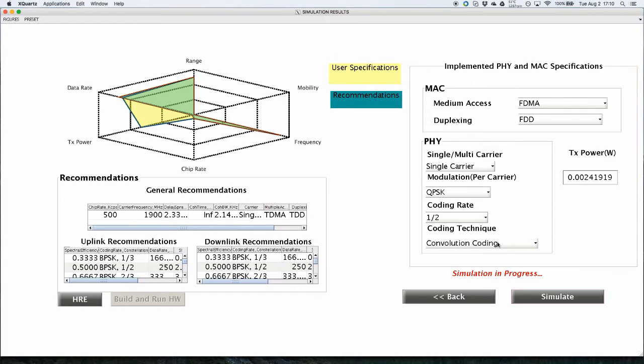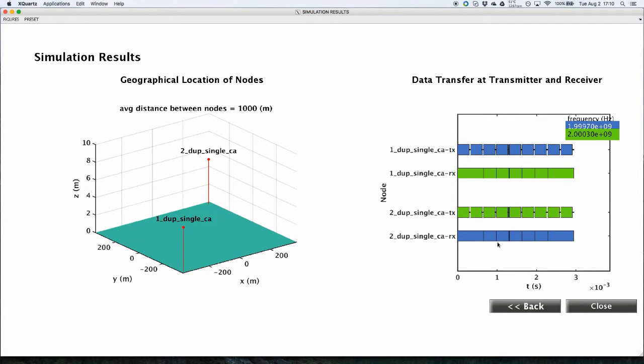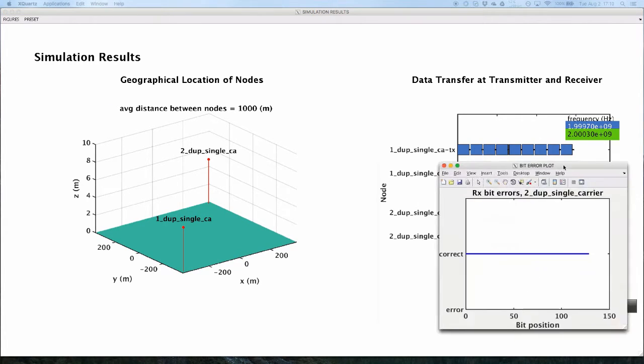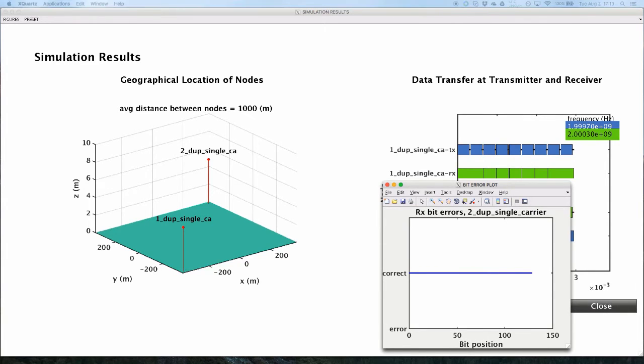In the output of the simulation, you see a laydown of the nodes and also a time domain plot of the sequence of the frames. The simulation provides a number of plots that will allow us to inspect what's going on, which include the bit error, the constellation plots, and the spectral plots at both the transmitter and the receiver.